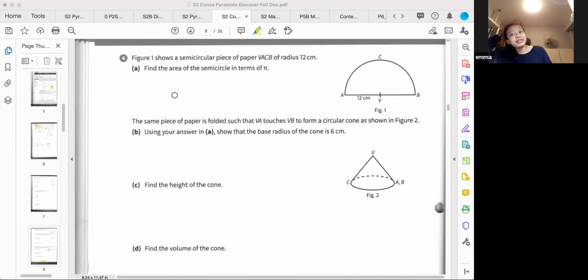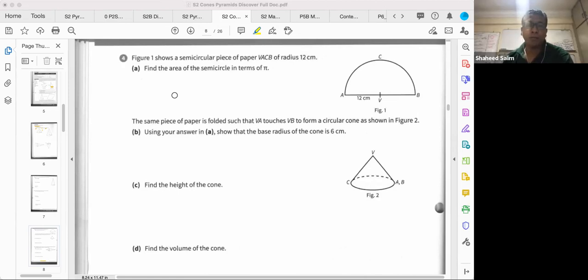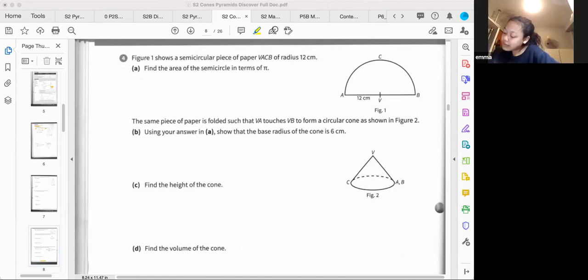I don't remember the formula. Pi r squared, then divide by 2. Pi r squared divided by 2. Believe in yourself.